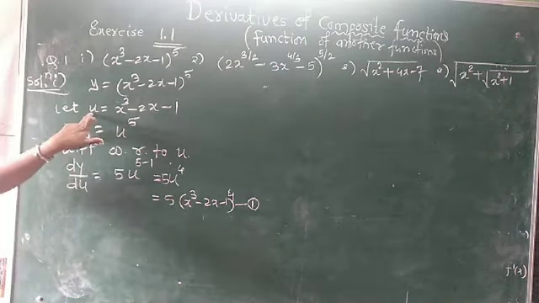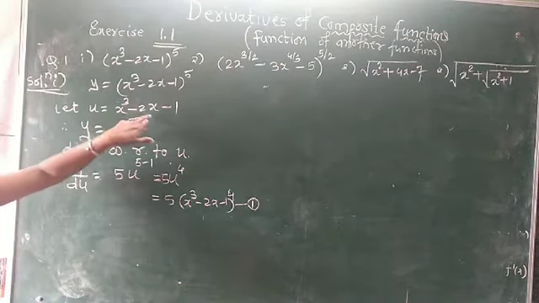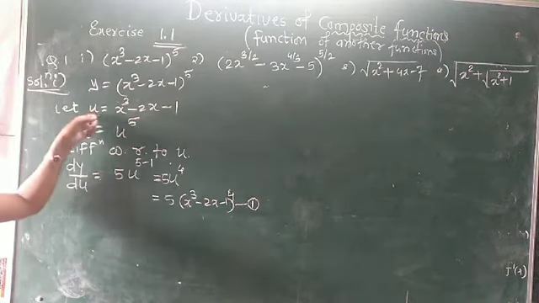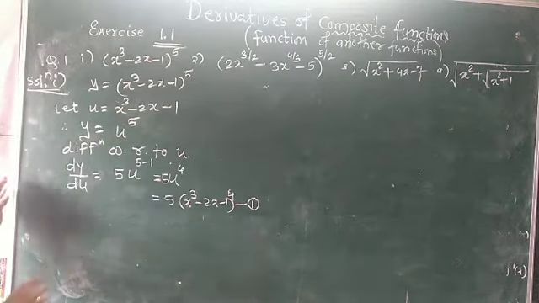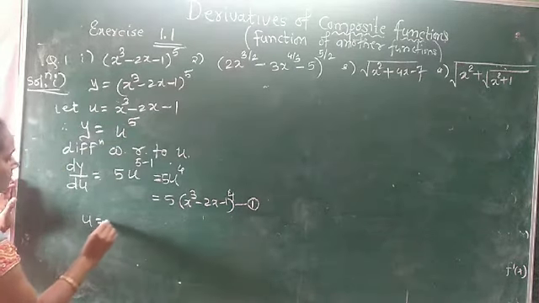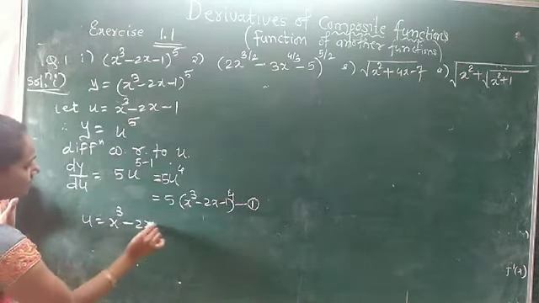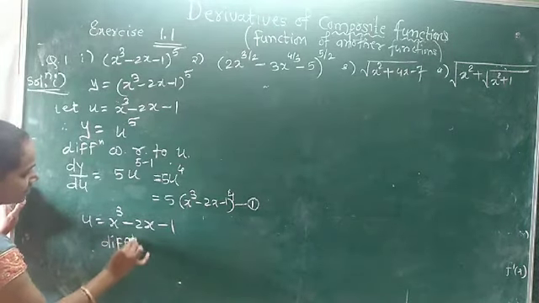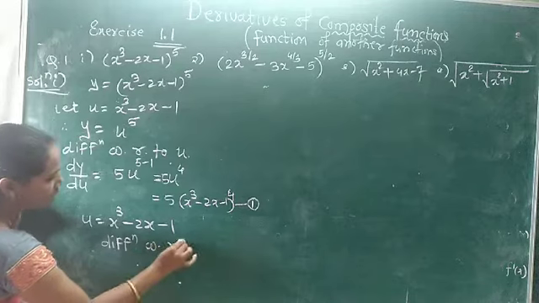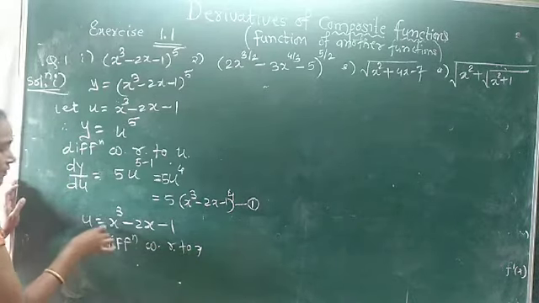Now here we consider u is equal to x cube minus 2x minus 1, but u is a function of x. So differentiate with respect to x. Let u is equal to x cube minus 2x minus 1. Differentiate with respect to x, because now this u is a function of x.